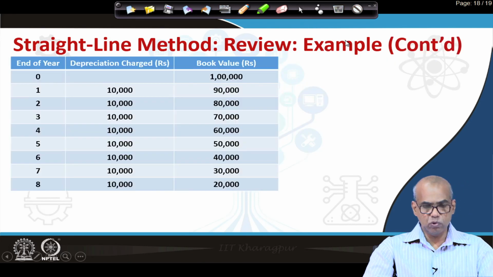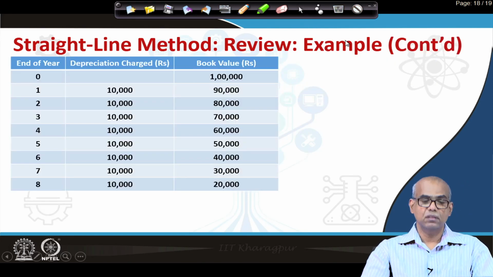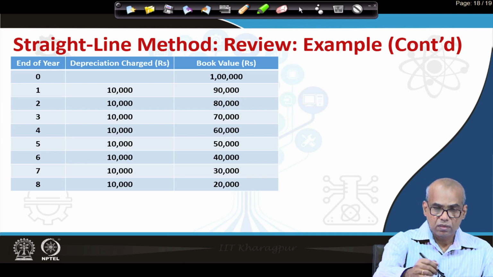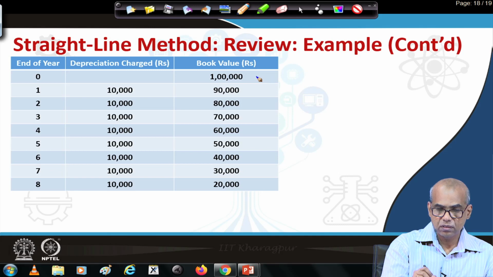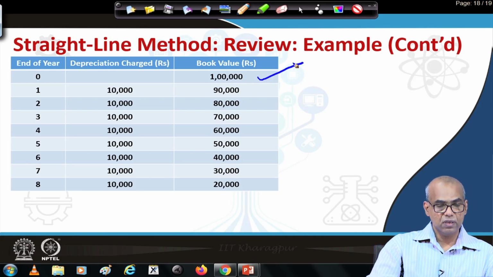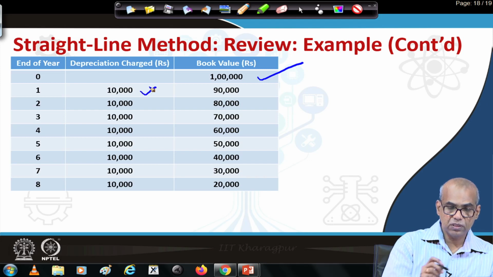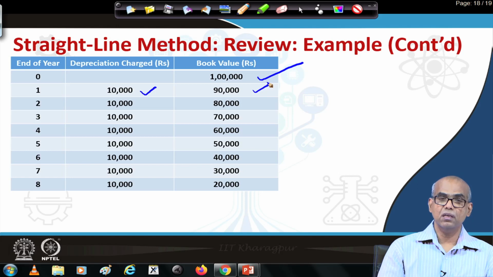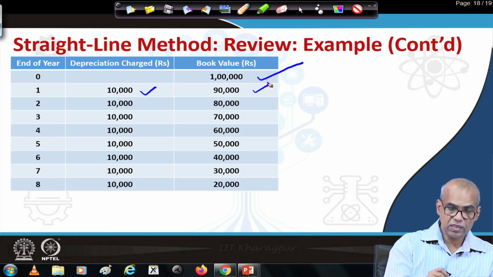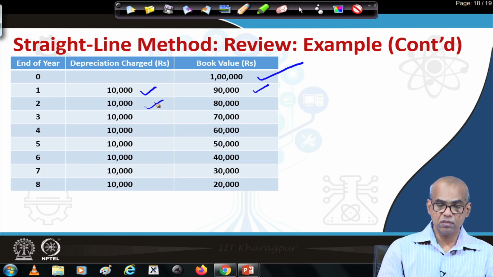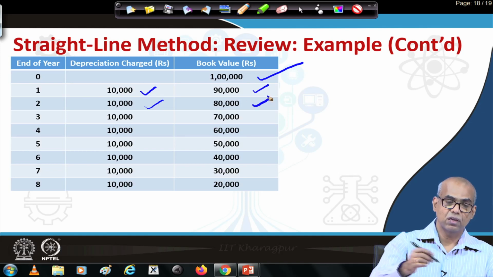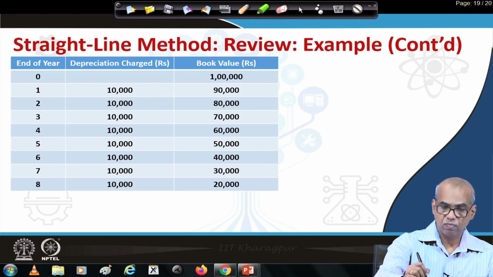So, these can be tabulated and are shown in this table. You start with 1 lakh rupees. At the end of the first year, the depreciation charge is 10,000, so the book value is 1 lakh minus 10,000, which is 90,000. Again the next year you charge 10,000, so the book value is 90,000 minus 10,000, which is 80,000, and so on and so forth.